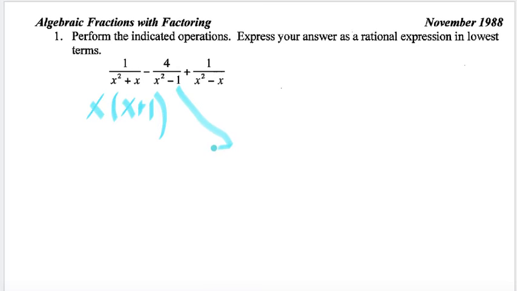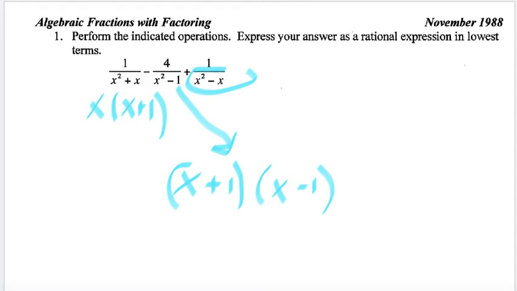This one here, you might not recognize, but it's the difference of squares, so that factors into x plus 1 times x minus 1. If you've taken Algebra 2 recently, then this stuff is maybe familiar to you. And this one factors into x times x minus 1. So those are the three denominators all factored.